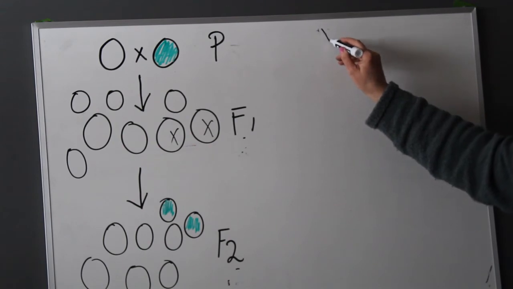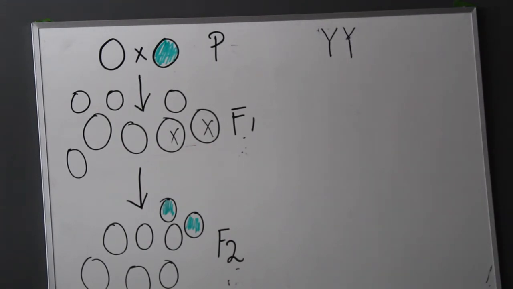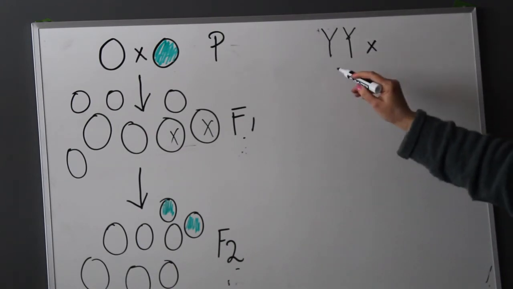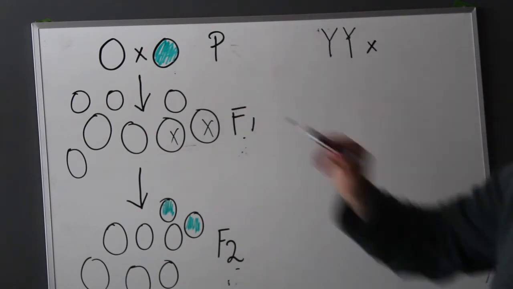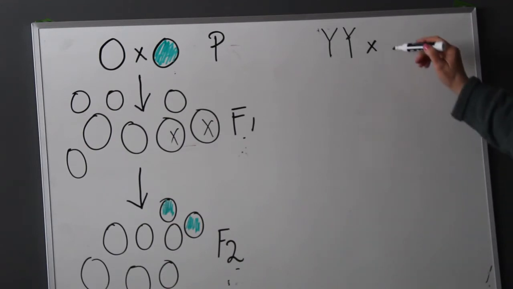So we will show that with two big Y's. And this one also was pure breed, green. Never been anything other than green in this lineage. So we'll call that little y.